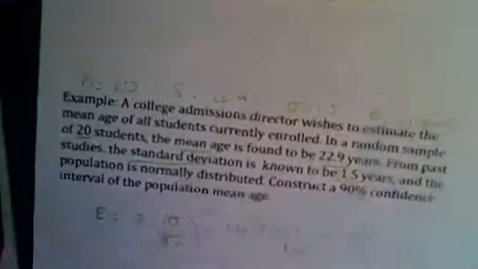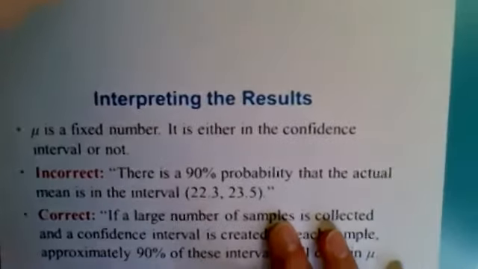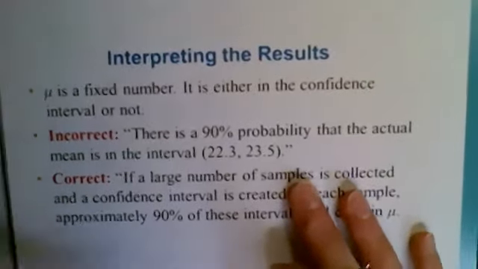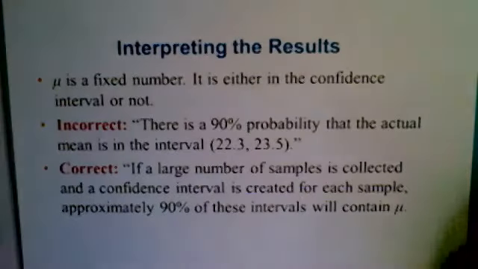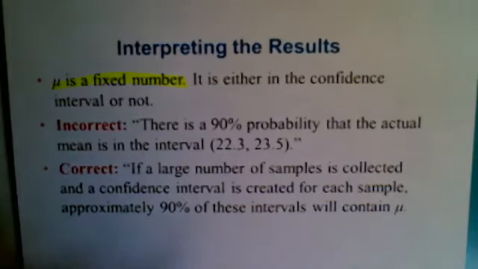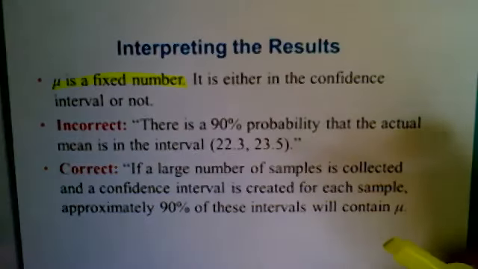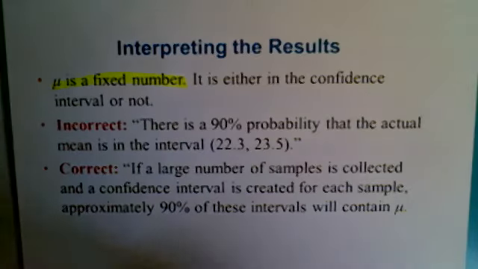Okay. So just a few other things to keep in mind. One of the things to note is your population mean is a fixed number, and it can either be in your confidence interval or not in your confidence interval, which is why we use the phrase that we are a certain amount confident that it is between here and here.